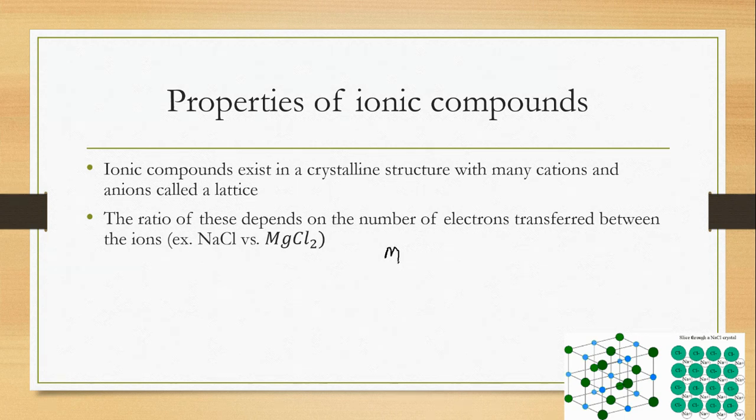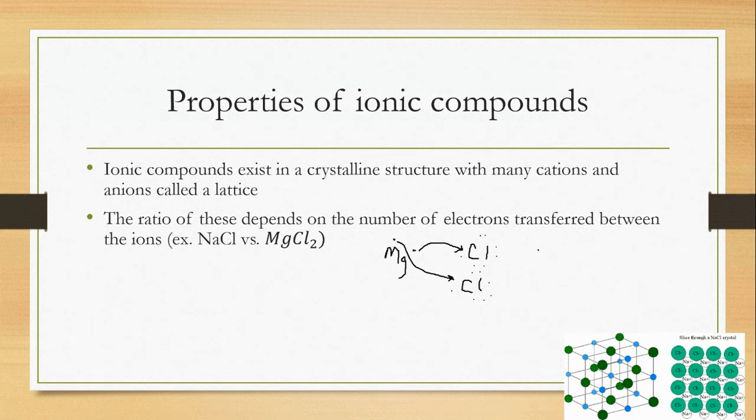In magnesium chloride, magnesium is a group 2 element, so it has 1, 2 electrons. Chlorine has 7, and it can only take 1 from magnesium, but magnesium has another it wants to get rid of. So it'll take a second chlorine atom to do that.